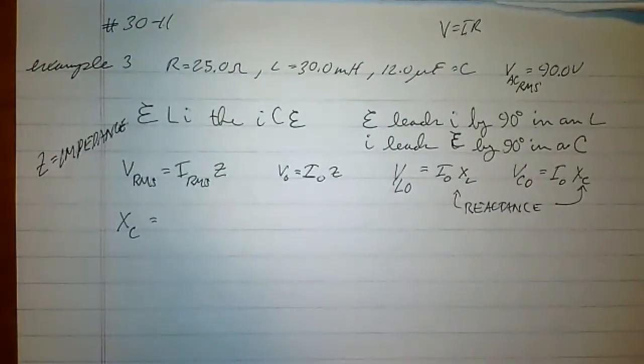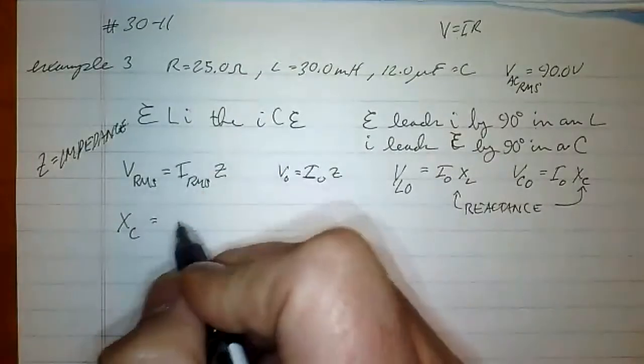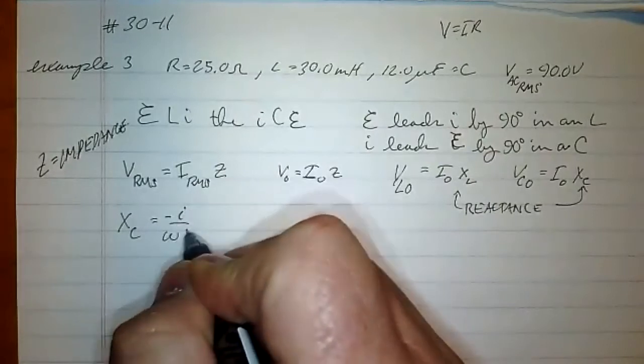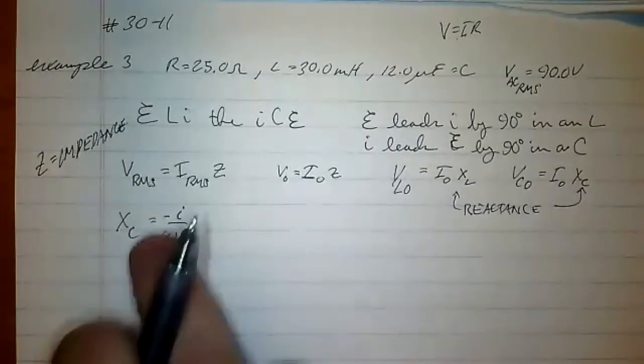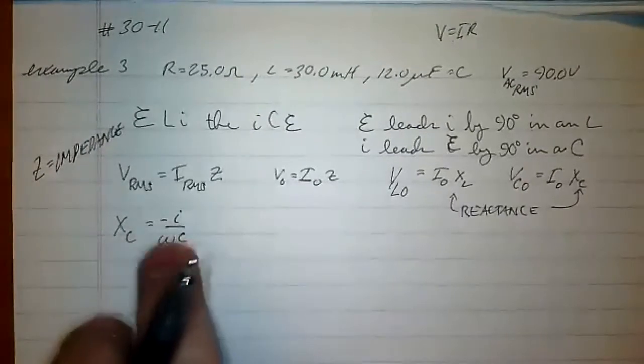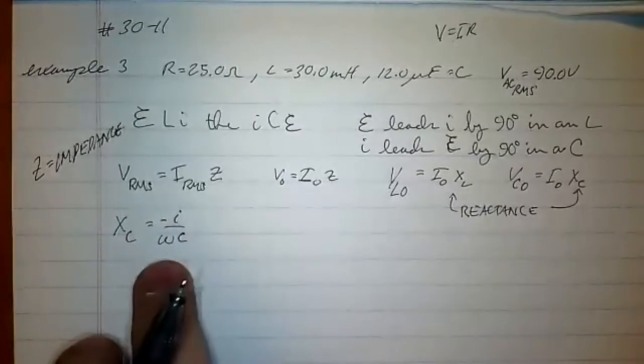That XC has to represent the idea that in a capacitor, the voltage lags behind the current. And if you look at a phasor diagram, you'll see that it's actually behind. And the way they do that is they say, normally what we do is we'd say negative I over omega C. Okay, that negative I seems weird, and your book doesn't discuss it this way, but I like it, and I will explain it this way in a second.